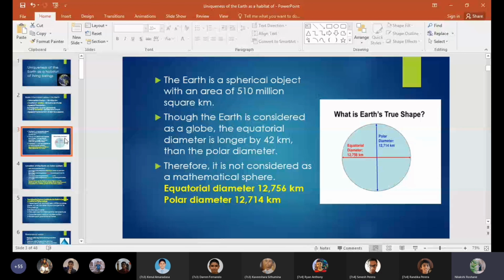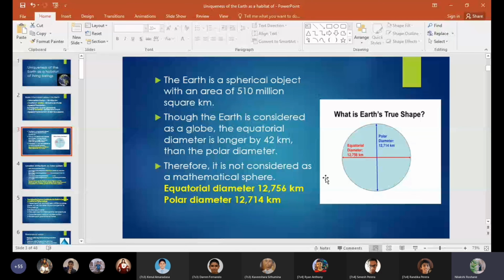So why do we not consider it a mathematical sphere? Because the equatorial diameter is longer by 42 kilometers than the polar diameter. Usually in a circle, the diameters are equal, but the Earth is not considered a mathematical sphere because the equatorial diameter is longer by 42 kilometers than the polar diameter.